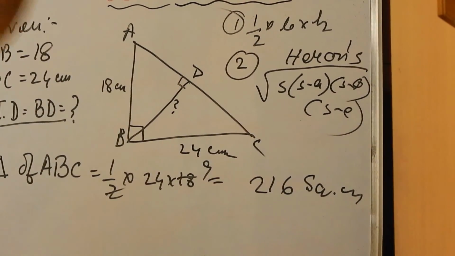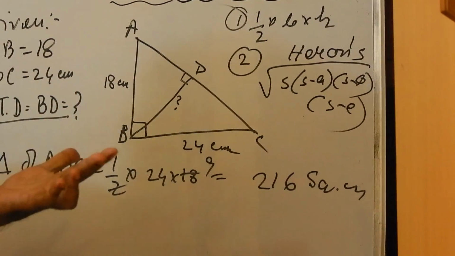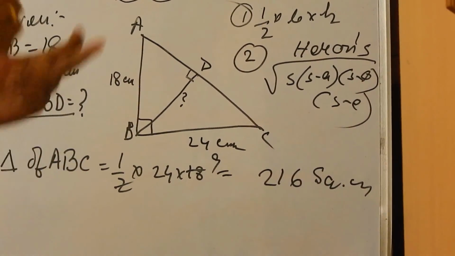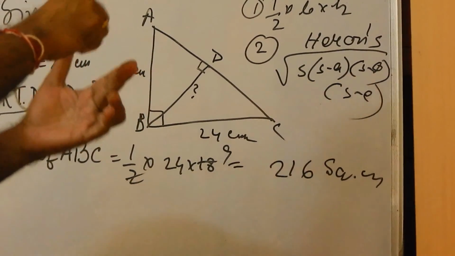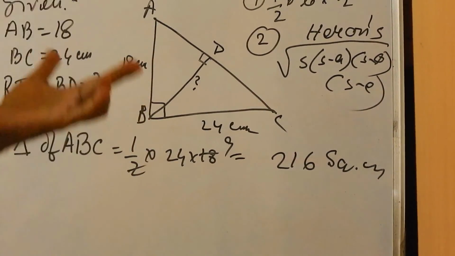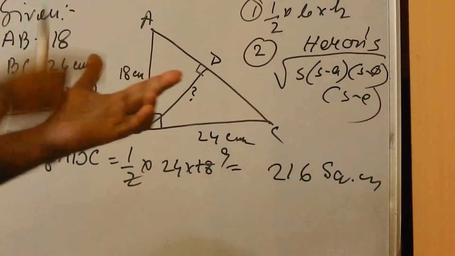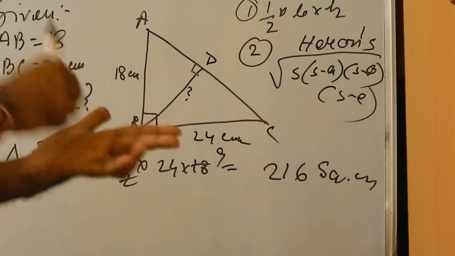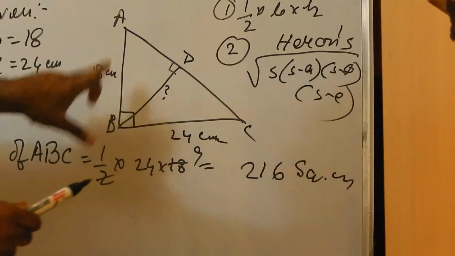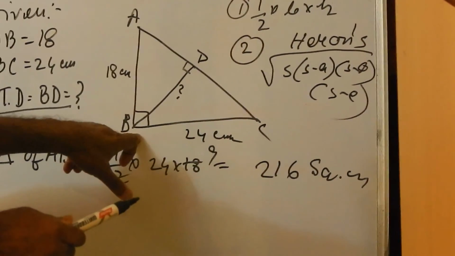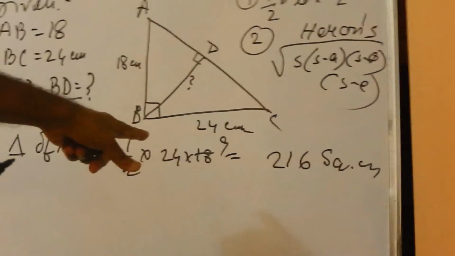In any triangle, the line on which the perpendicular falls is to be taken as the base. Here AB is the perpendicular, it falls on the line BC, so we took BC as the base.